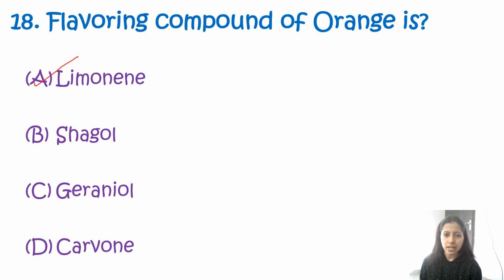Limonene is a colorless liquid hydrocarbon that is found in the rind of citrus fruits like oranges, lemons, limes. So my correct option will be option number A, that is limonene.